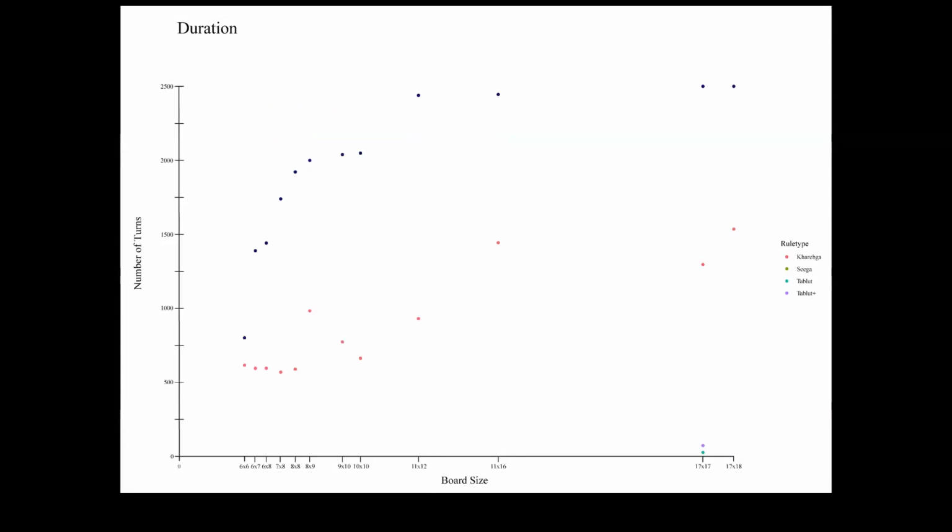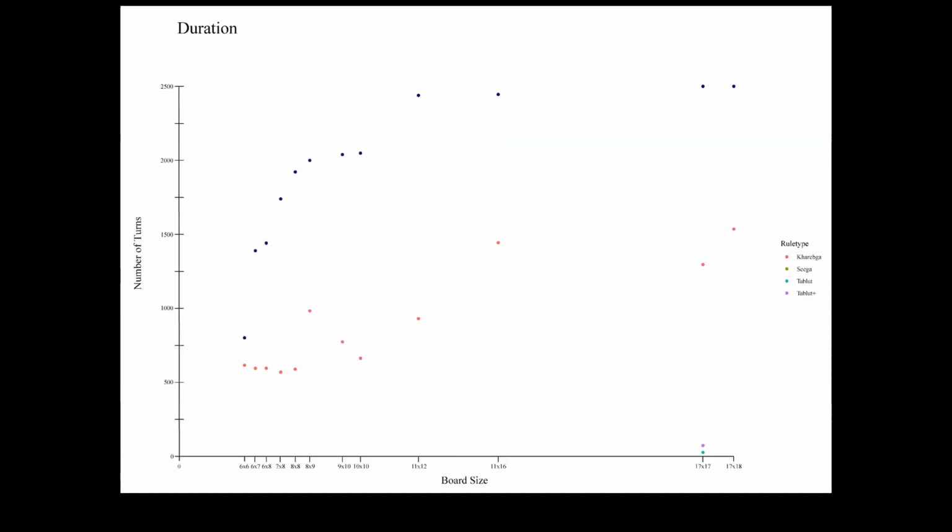And so we also measured the duration of the game, which is kind of a similar idea to the completion, which is the number of turns it takes to reach the winning condition. And again, for Sega, the number of turns increases quite dramatically as the board size grows, and up to 2,500 is the limit that we set for the AI, so it doesn't play forever.